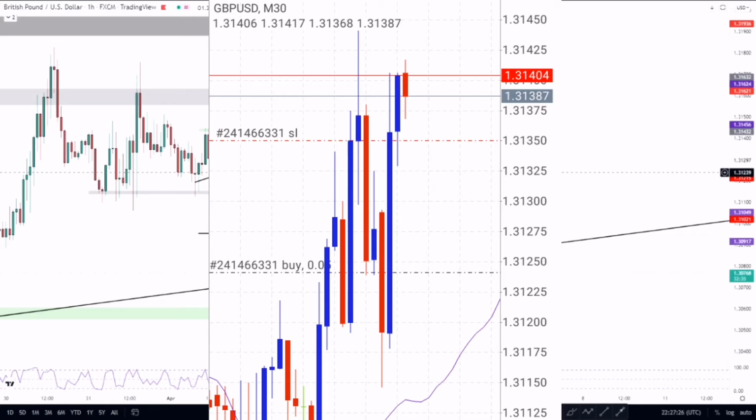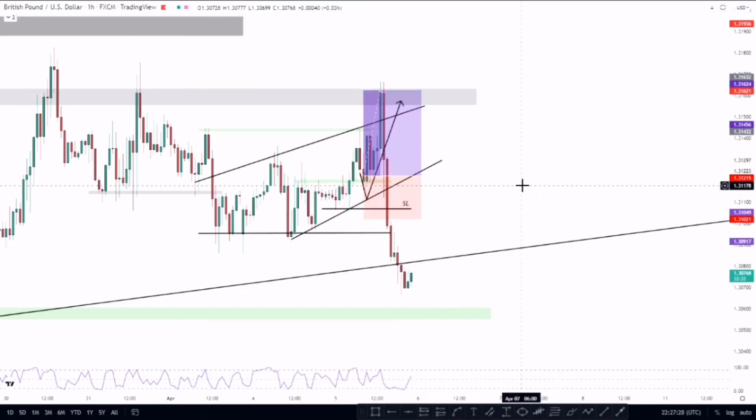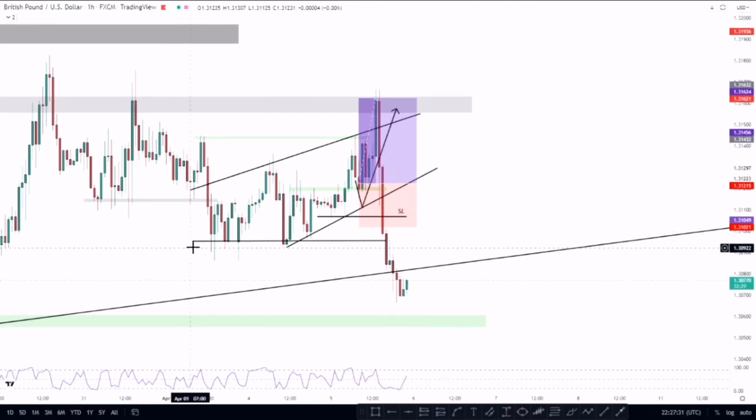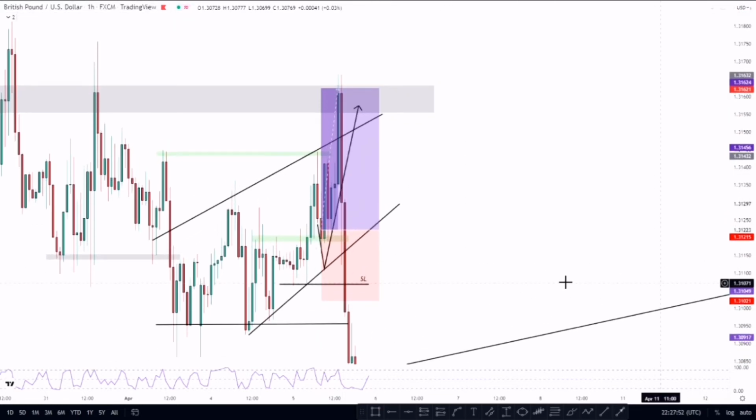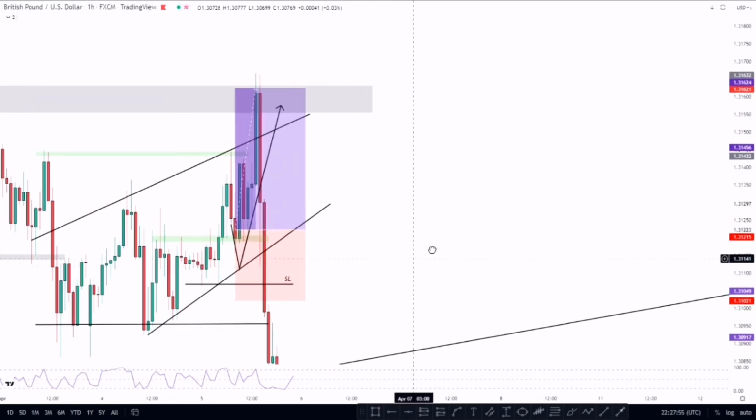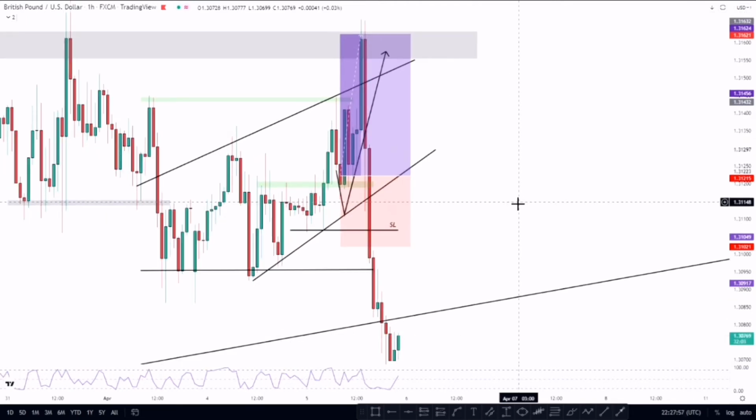And then getting back to this, we can see that we have this level of support over here. We have multiple touches. It was an upward moving trend. Once price came to this level here, I implemented that strategy that I was talking about before we got into the setup that I used in the previous upload.